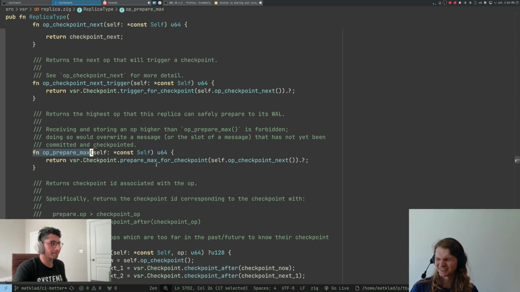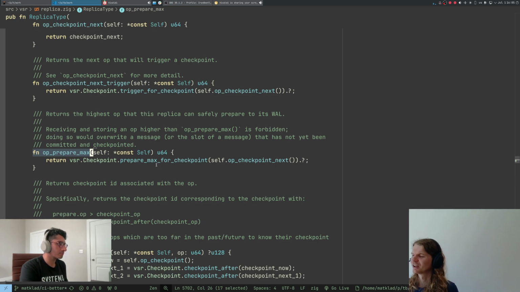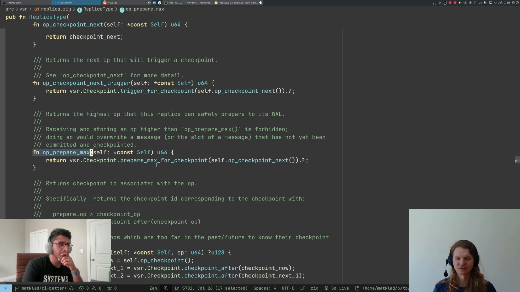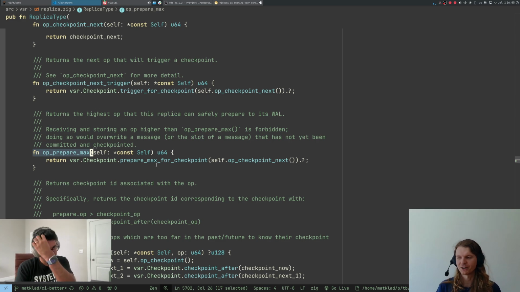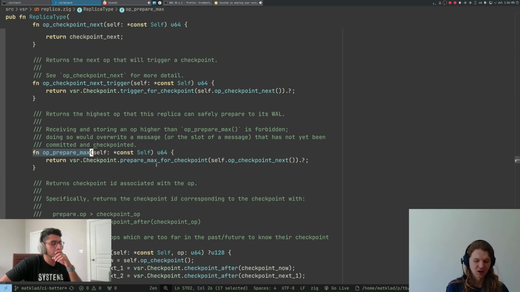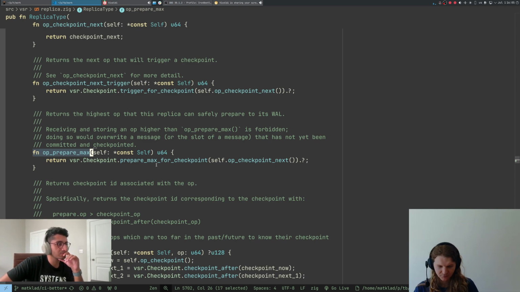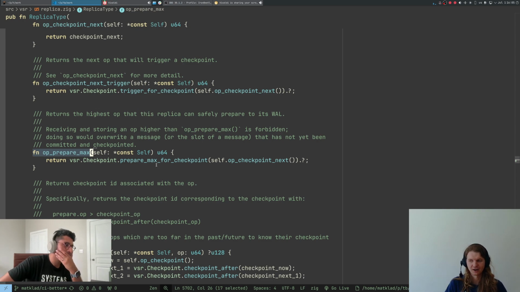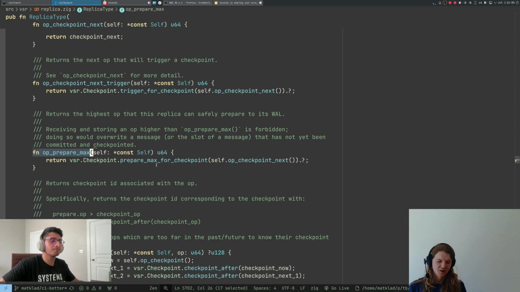It might be interesting to write a replica test which checks that it doesn't matter at which point you corrupt the LSM tree or the write ahead log. You should always be able to reconstruct the entire state.